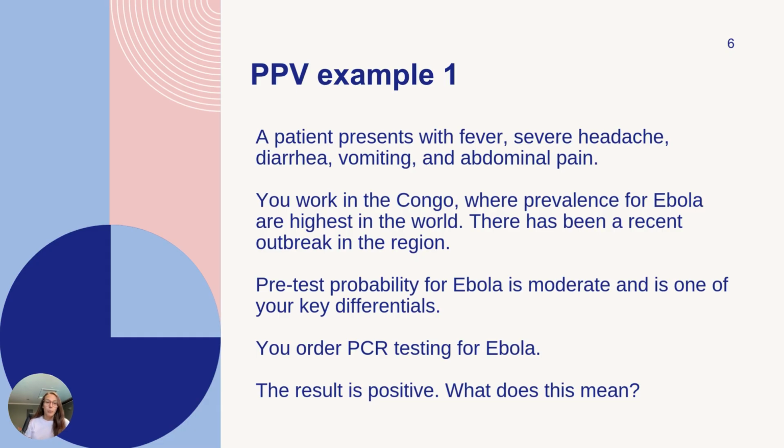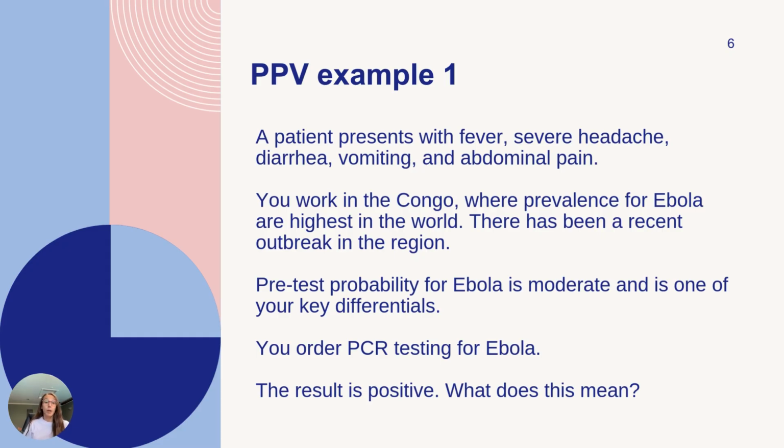So, first example, let's say a person's presenting to you with fever, severe headaches, diarrhea, vomiting, abdominal pain. Right away, you have a long list of differentials. And let's say you're working out in the Congo in Africa, where prevalence of Ebola is amongst the highest in the world, and there's been a recent outbreak. So part of your differential is going to be asking, all right, what's my pre-test probability for Ebola?